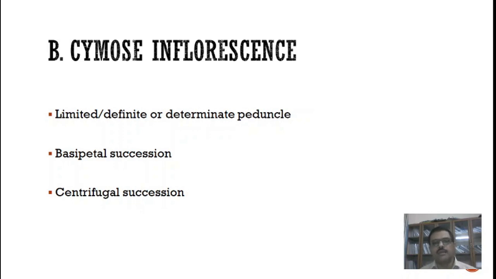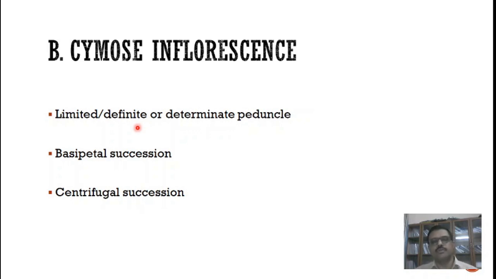Now we come to the second main group of inflorescences, and they are called cymose inflorescence. Cymose inflorescence is actually the opposite of racemose inflorescence in terms of peduncle.